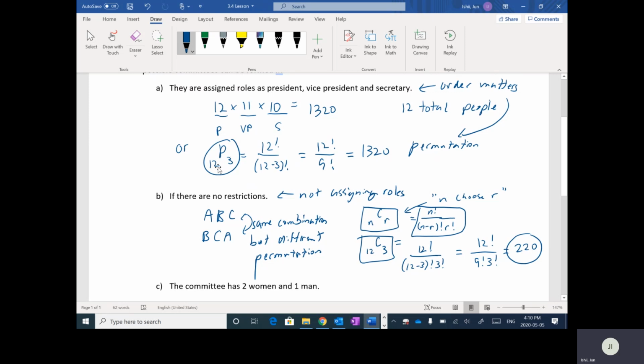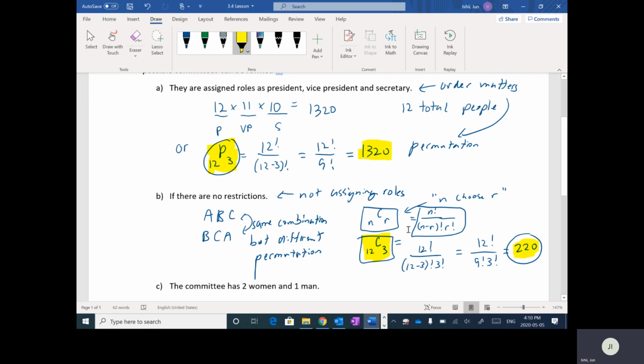So what you'll also notice is that for 12 pick 3 here, we got 1320, whereas 12 choose 3 is 220.